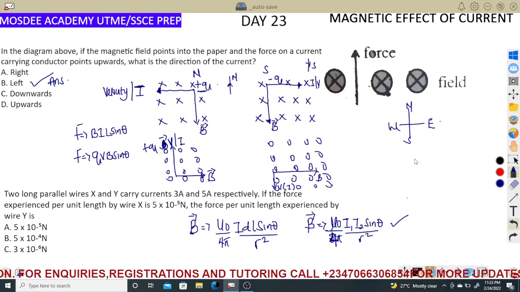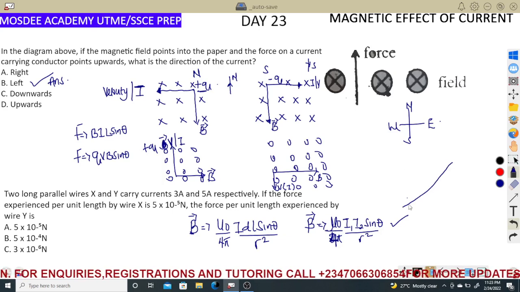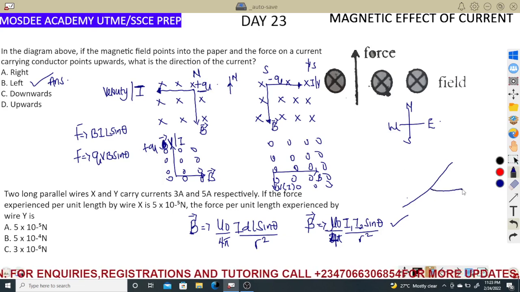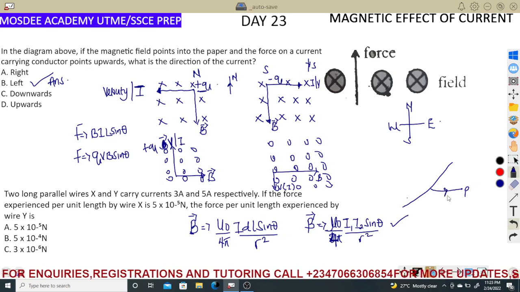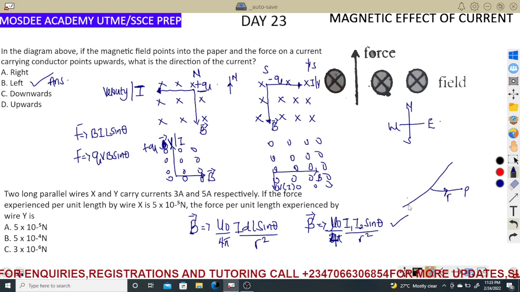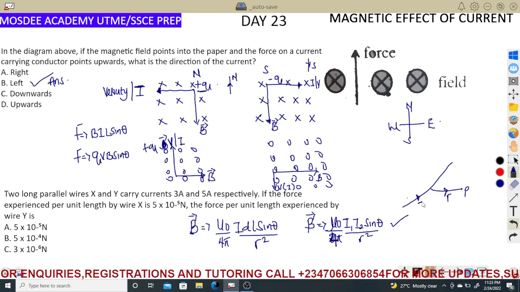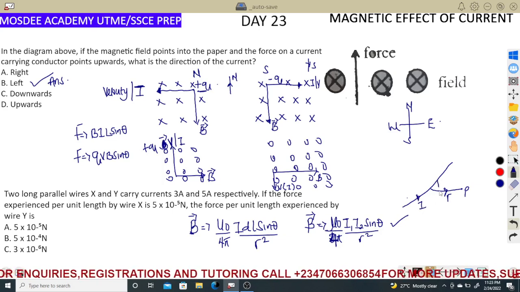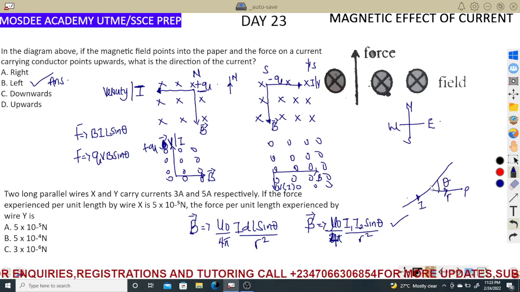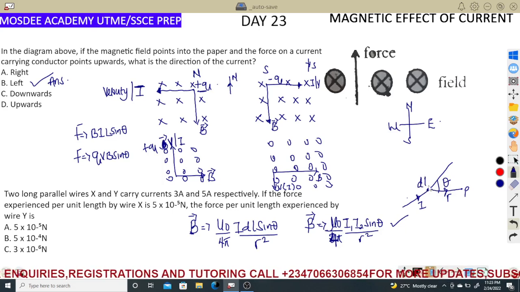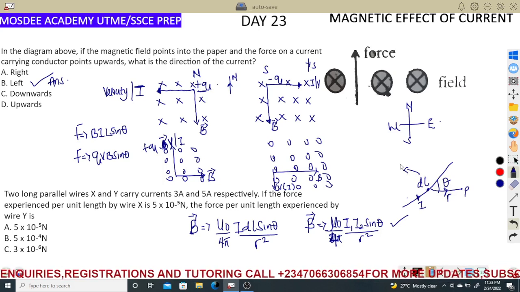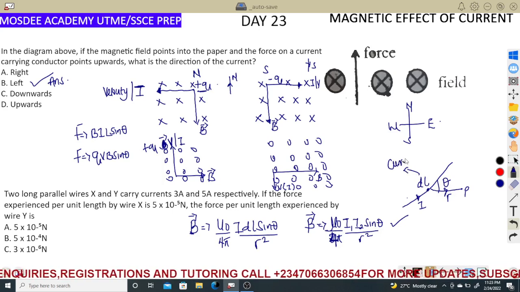This is the experiment. There is a wire carrying current. It was positioned at a point P away from here, which is at a distance of R from P. The wire is carrying current I and subtends an angle of theta at this point. So we only consider a very small element, which we call dl. And this dl is what we call a current element. That's the physical property name.